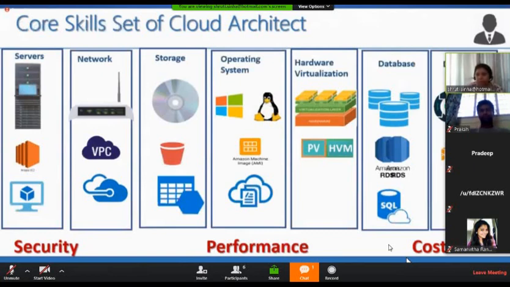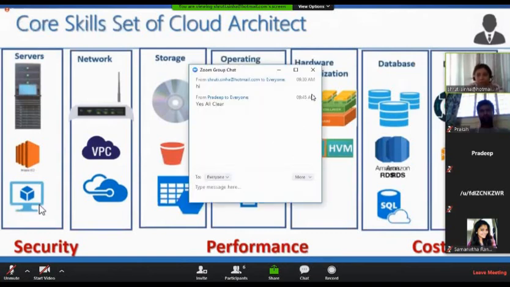As I said in the starting, you should know about the business, the product, and the infrastructure. So the solution is yours. You are going to tell them, okay, Azure or the cloud is the solution. So what solution, what infrastructure you are going to provide them, and then finally it all comes to cost. Cost is one of the very important things, and you should be able to tell them how much it would cost.